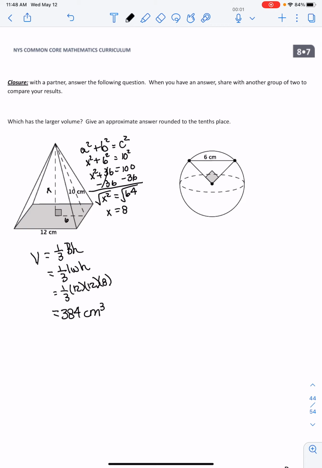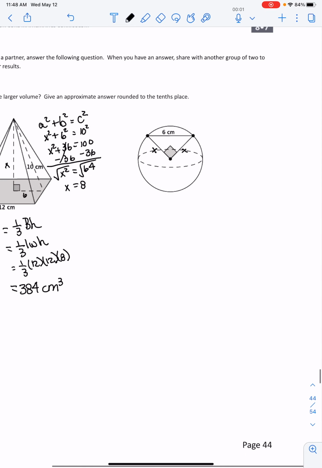For my next problem, I have to find my radius first. So again, I've got a squared plus b squared equals c squared. So here I've got x squared plus x squared equals 6 squared.